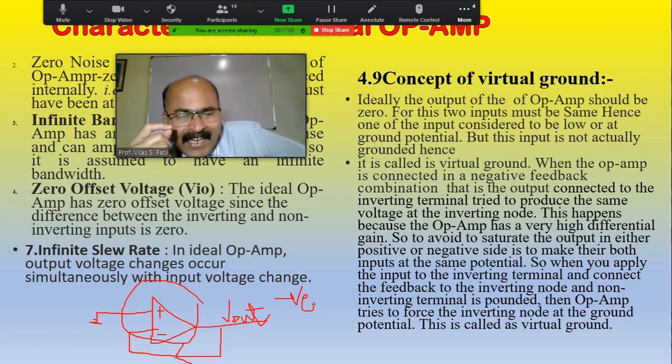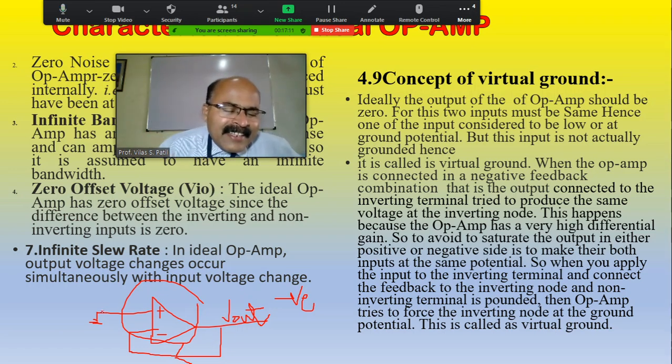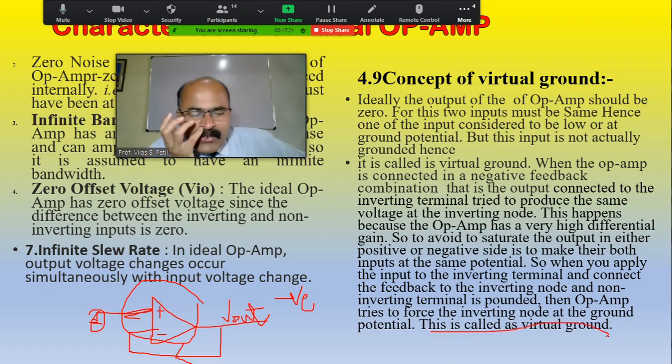If negative feedback is achieved, then the non-inverting terminal, which is grounded, is known as a virtual ground, and this virtual ground concept is to be explained here.